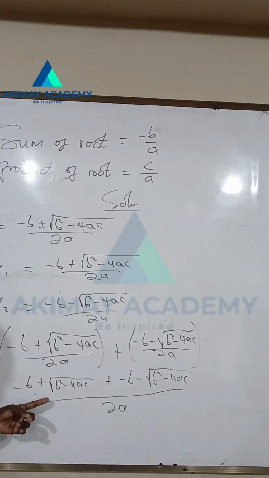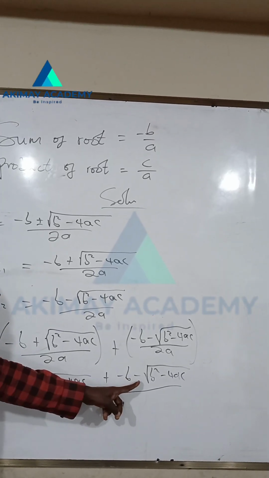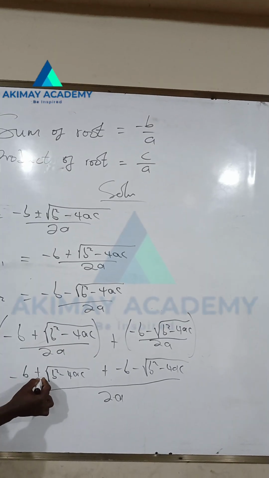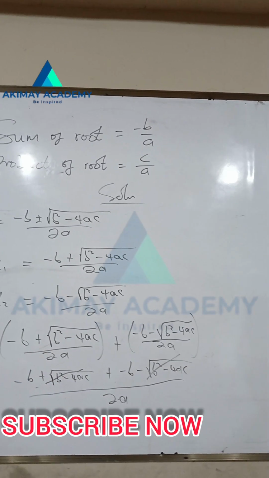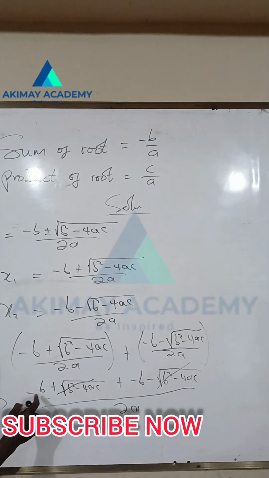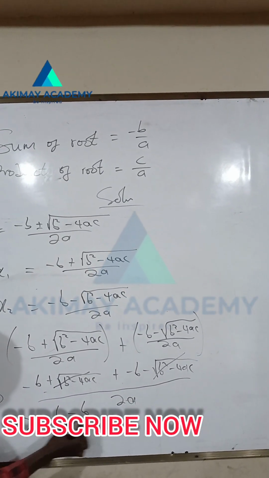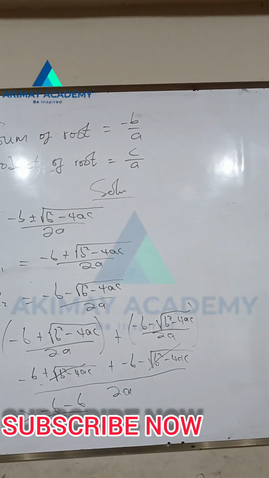Now let's look at this one first. We have plus square root of b squared minus 4ac, then we have minus square root of b squared minus 4ac. So the whole of this will cancel this one off. We are going to be left with minus b out of 2a.